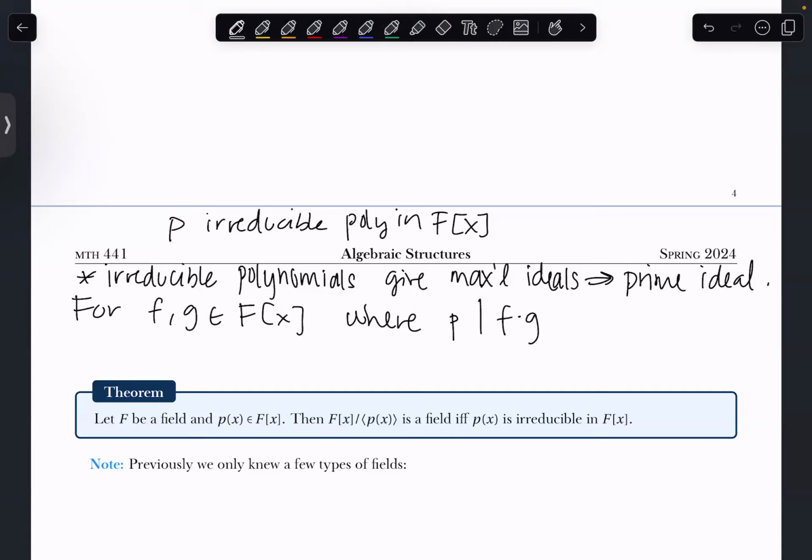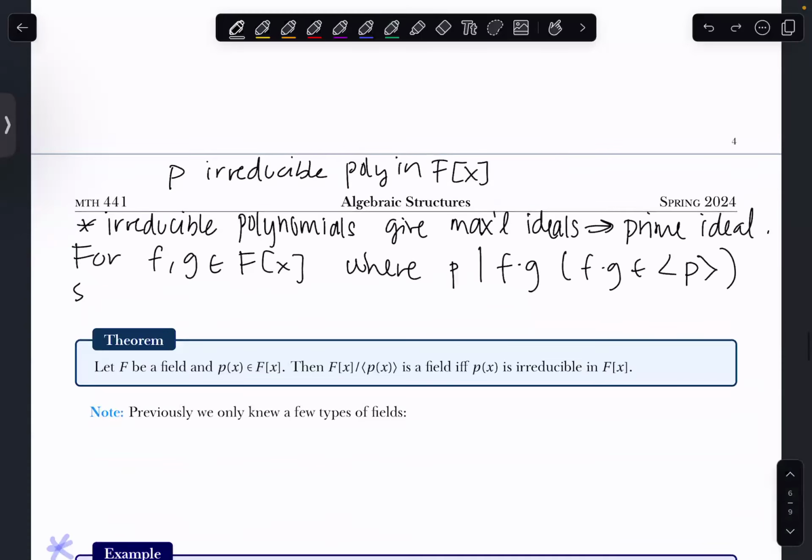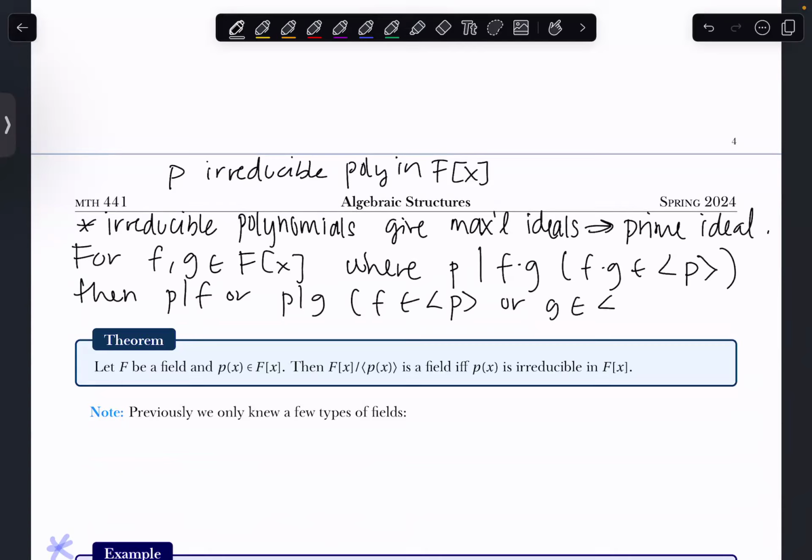This is a fancy way of saying f and g is a multiple of p, or f and g is in the ideal generated by p. But because it's a prime ideal, because I know it's maximal, I know that either f is in the ideal generated by p, or g is in the ideal generated by p, which is another way of saying p divides f or p divides g. So again, this is the same as thinking f is in the ideal generated by p, or g is in the ideal generated by p.